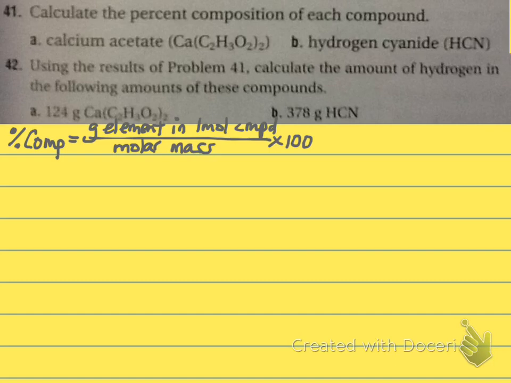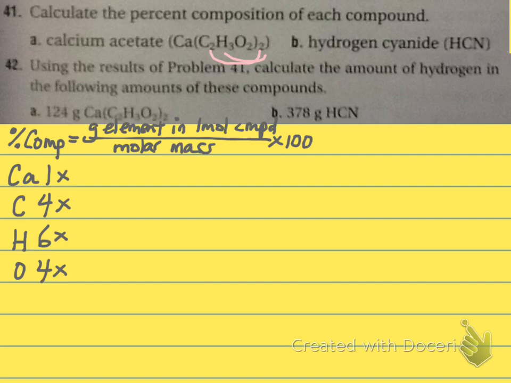And this is one time when it can be helpful to show your work for molar mass. So in this compound I have calcium, I have carbon, I have hydrogen, and I have oxygen. I have 1 calcium. I have 2 times 2, which is 4 carbons. I have 3 times 2, which is 6 hydrogens. And I have 2 times 2, which is 4 oxygens.